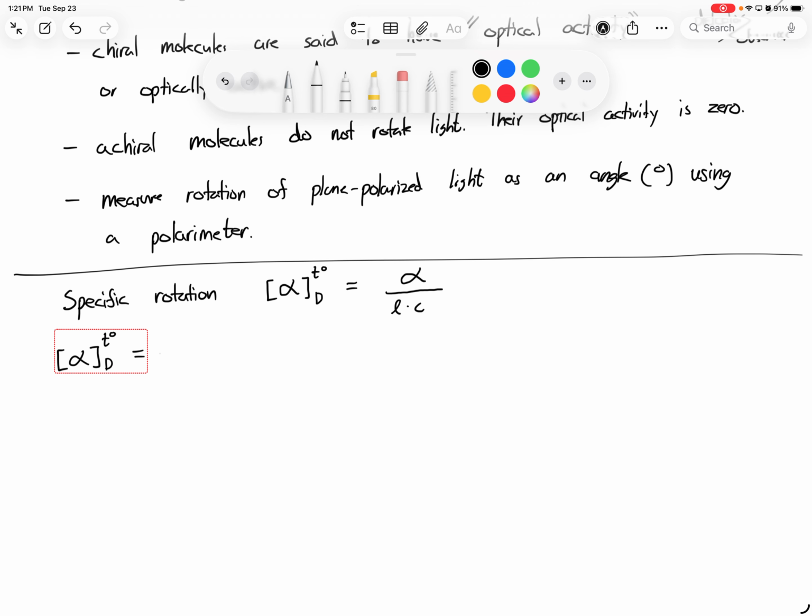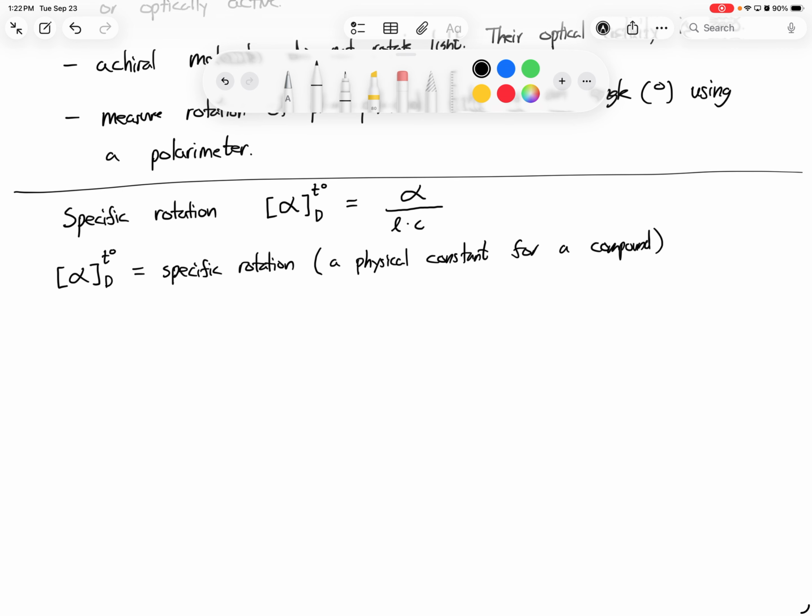So this is our specific rotation. This is a physical constant for a compound. So it does not change. It won't change at all, okay.